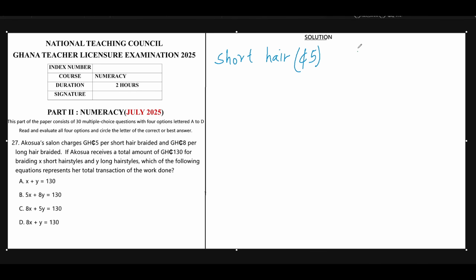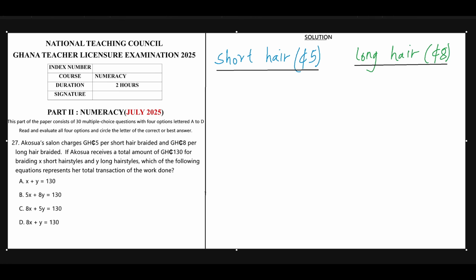And with the long hair, every one long hair, the cost is 8 Ghana cedis. So let's take note of these two pieces of information. The cost of braiding a short hair is 5 Ghana cedis, and the cost of braiding a long hair is 8 Ghana cedis.